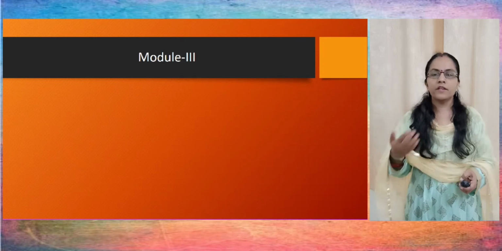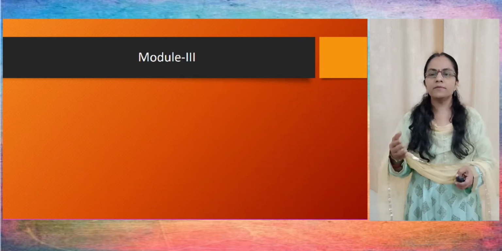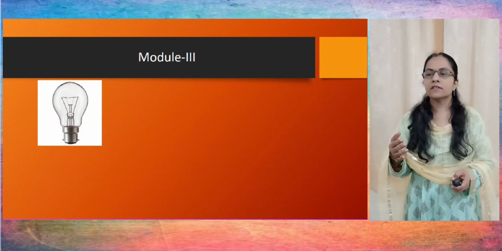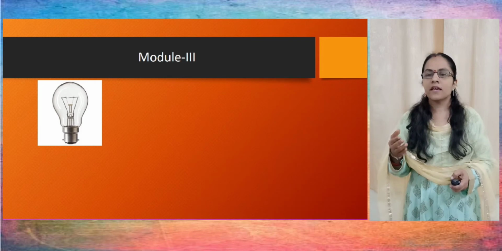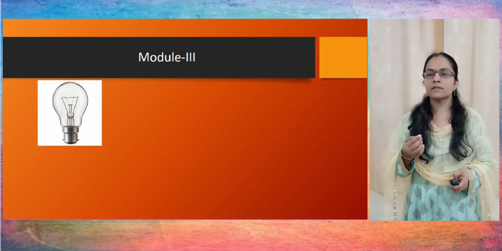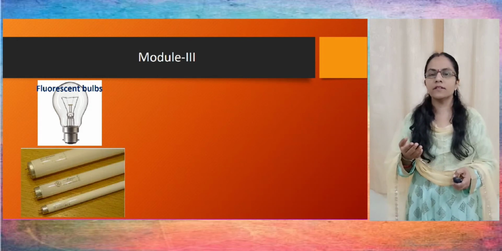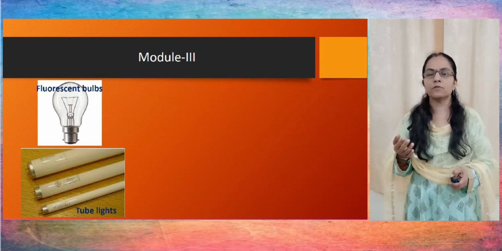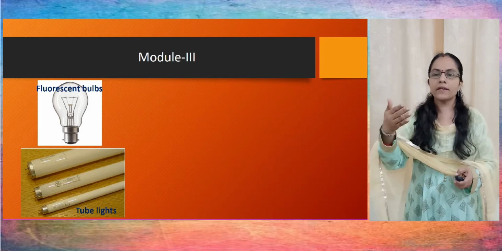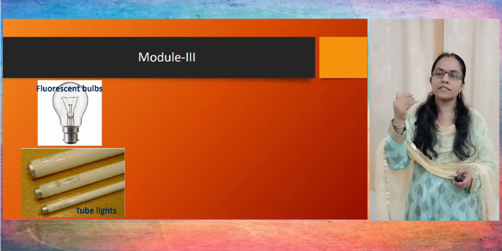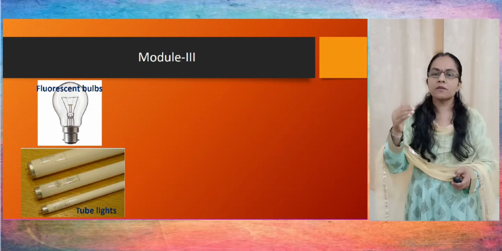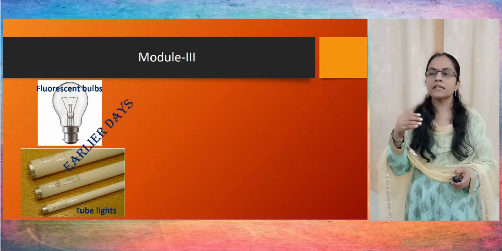Now to brief about unit 3, let me show you something. What is this? A fluorescent bulb. And what about this one? This is a tube light. Many of you might have seen this during your childhood. So these are some of the lights used in early days.